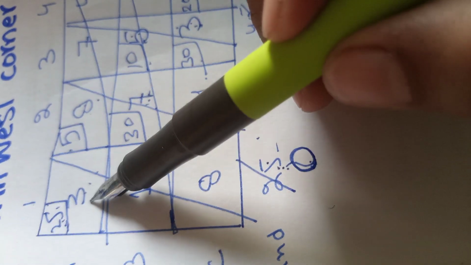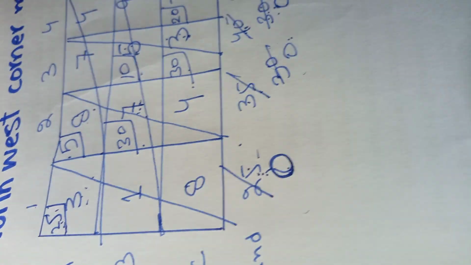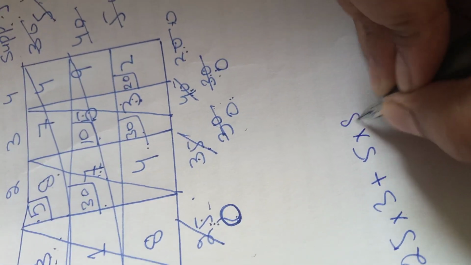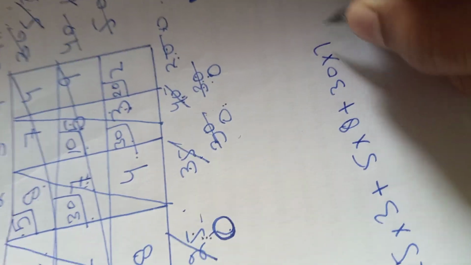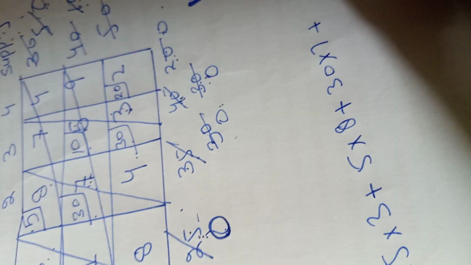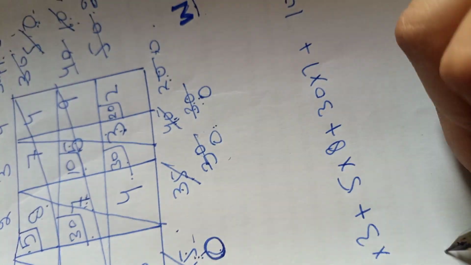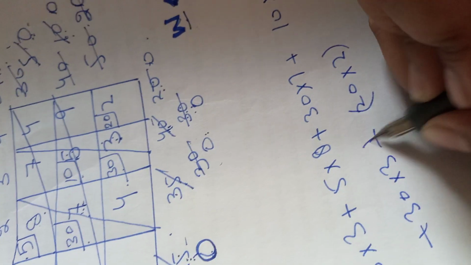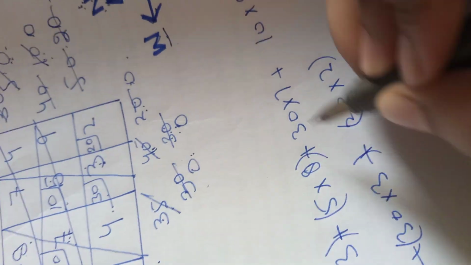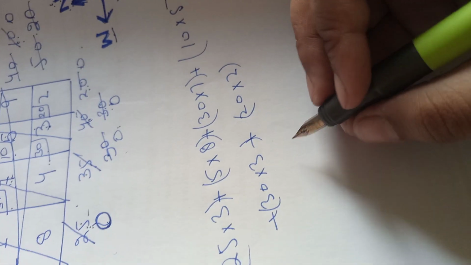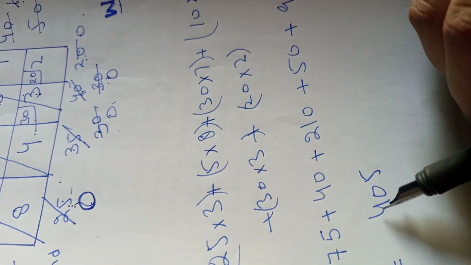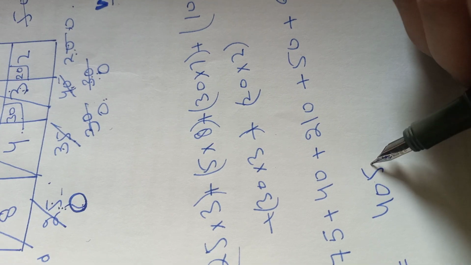Like 25 multiply 3 plus 5 multiply 8 plus 30 multiply 7 plus 10 multiply 5 plus 30 multiply 3 plus 20 multiply 2. Now we will sum all of these values, and we obtain the value 405.